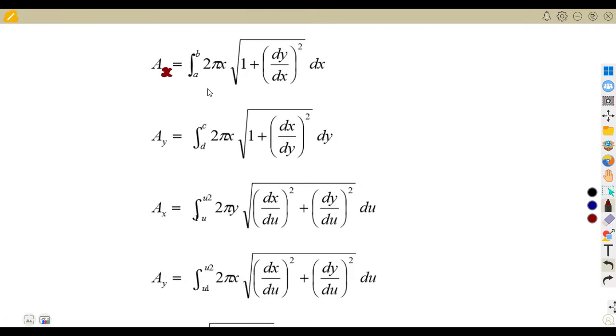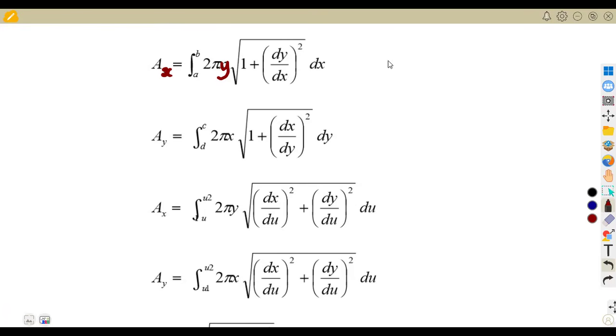Which is given by the formula 2 pi y in this case. All right, this formula is supposed to be 2 pi y, then this is dx, with respect to x, dy dx like this.